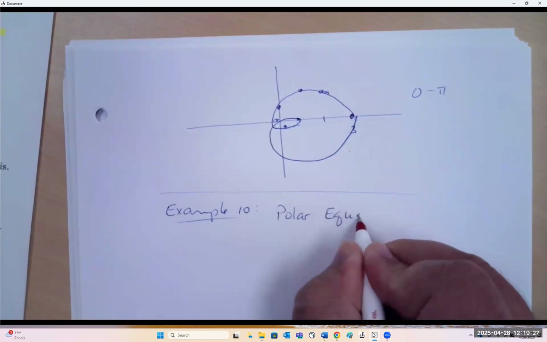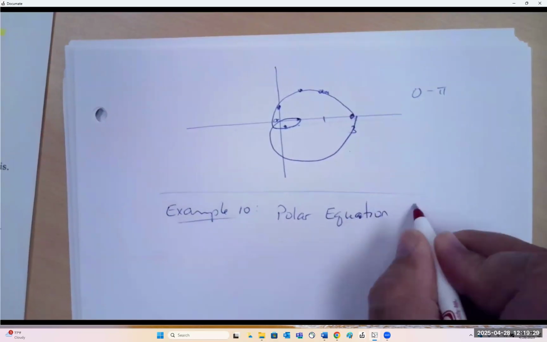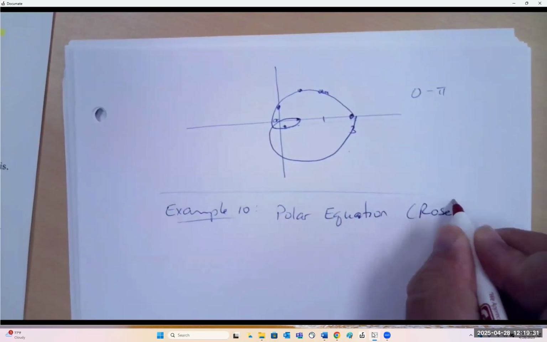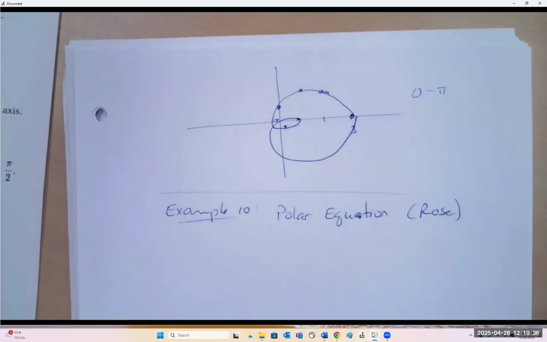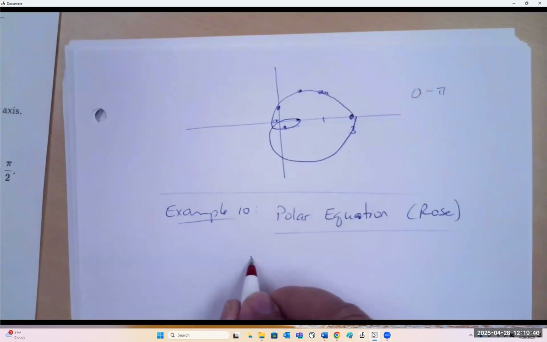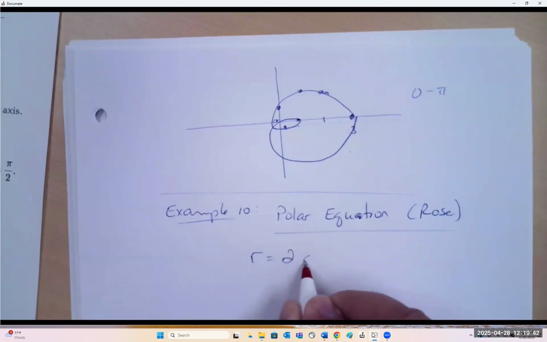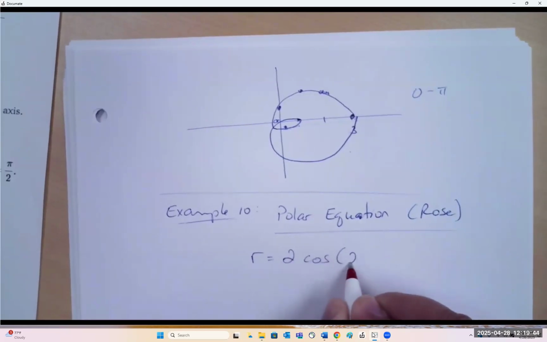Polar equation in the form of a rose. It all depends on how many petals we have. R equals 2 cosine 2 theta.